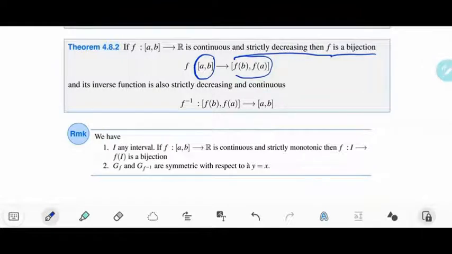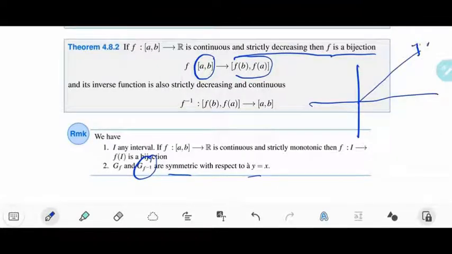And since f minus 1 will be inversing the roles of x and y, then the graph of f minus 1 will be symmetric with respect to y equal x to the graph of f. So if you take y equal x, if you have a function doing this, then this point has this image.